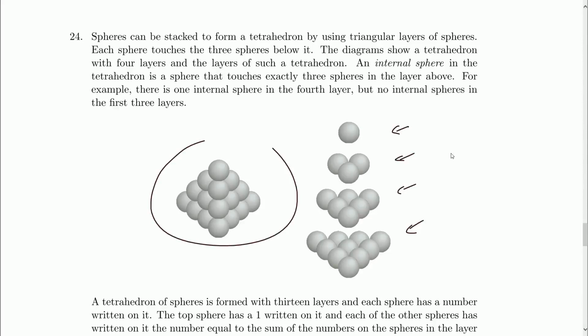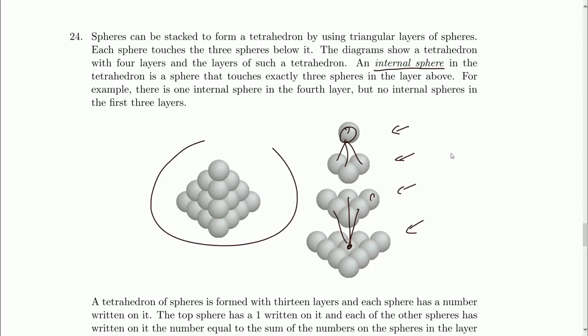The diagram shows a tetrahedron with 4 layers and the layers of such a tetrahedron, so we separated out the 4 layers. An internal sphere in the tetrahedron is a sphere that touches exactly 3 spheres in the layer above it. So every sphere touches the 3 below it, but for example, here's the first internal sphere that touches the 3 directly above it.